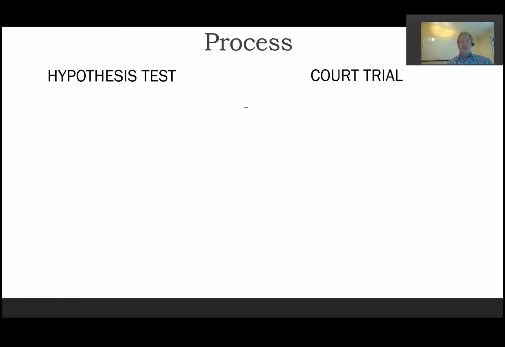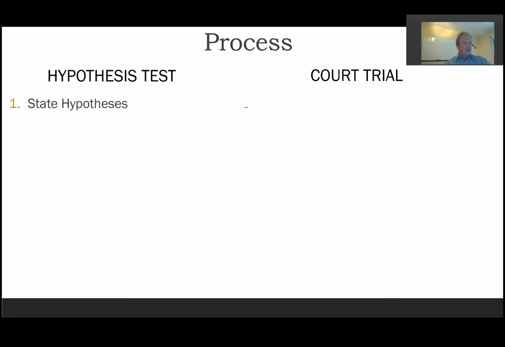And a hypothesis test is a test in a belief about something. It could be a belief in the value of the parameter, which is what we're going to do here. It could be the belief in a God, okay? It could be a belief in a lot of different things. But what we're going to find is that statistical hypothesis tests are very similar to the process that goes on in a court trial.